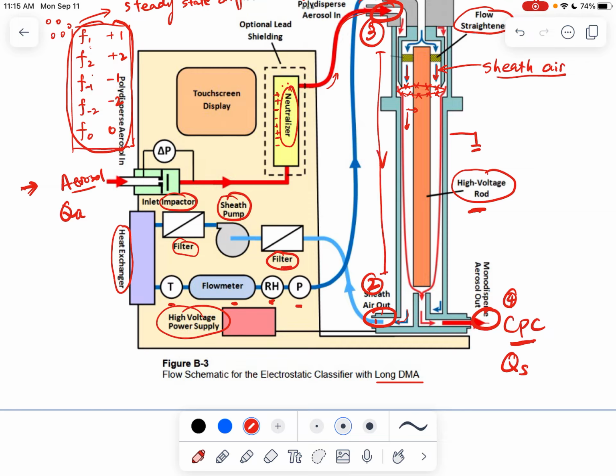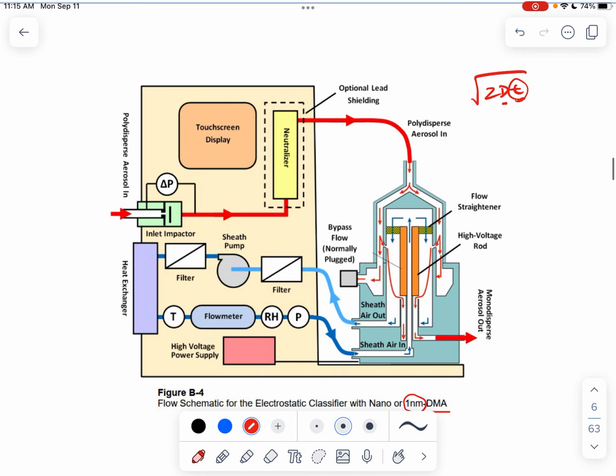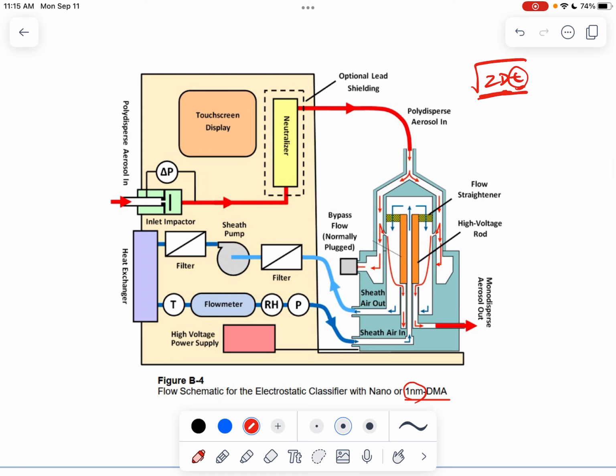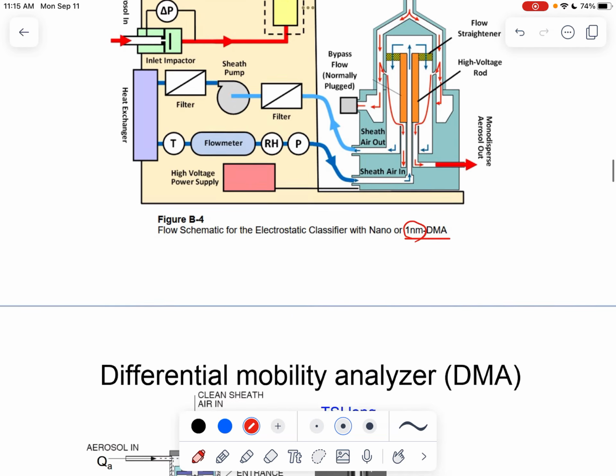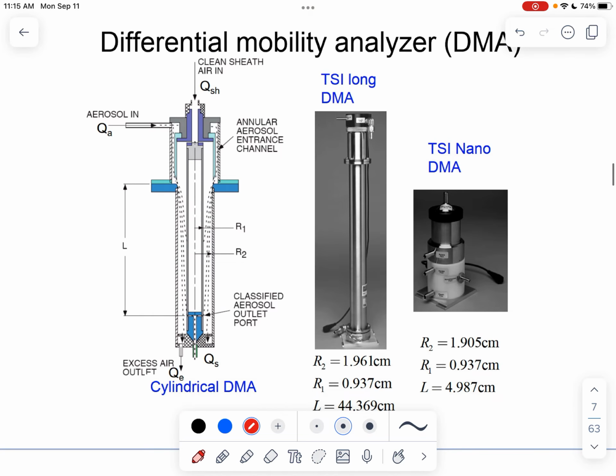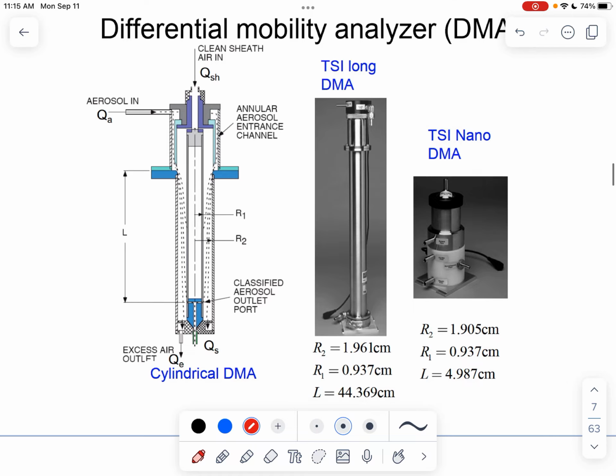So one thing you have to do is to reduce the time. So if you want to reduce the time, you need to reduce the total length of the DMA. In this case, the particles travel for a shorter time, and then you can reduce the Brownian diffusion effect on the particle size selection.